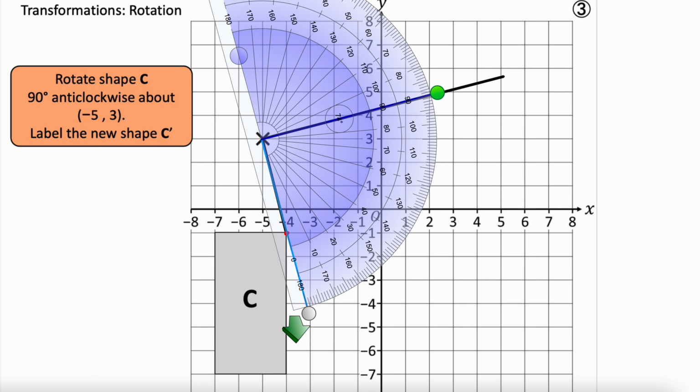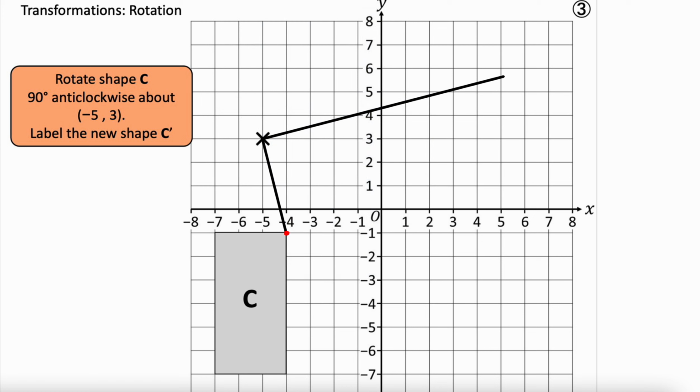So this way we can remove the protractor, and then we can see that this line that we made before has been rotated 90 degrees anti-clockwise. So obviously this point later will be located somewhere along the other line.